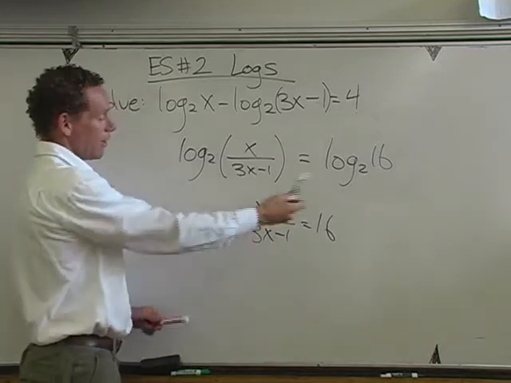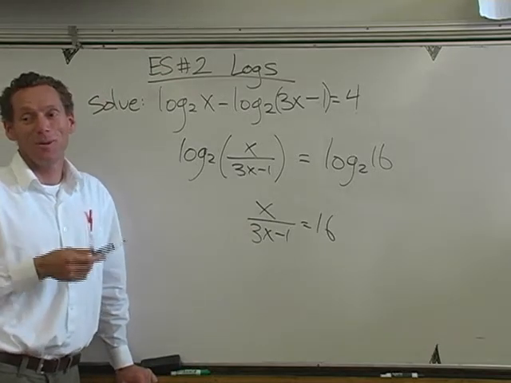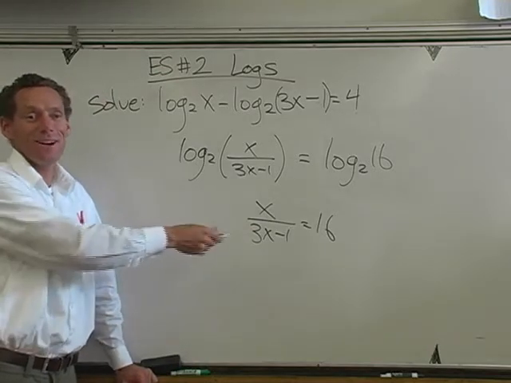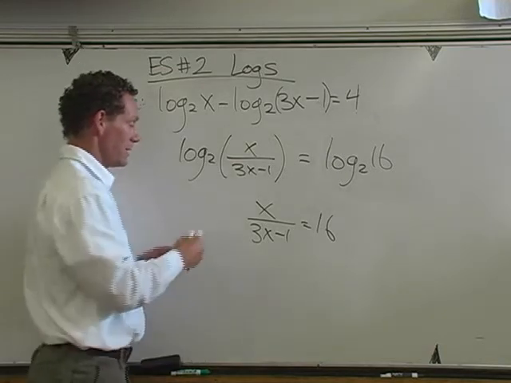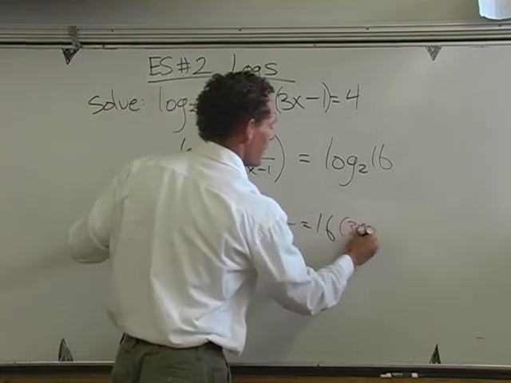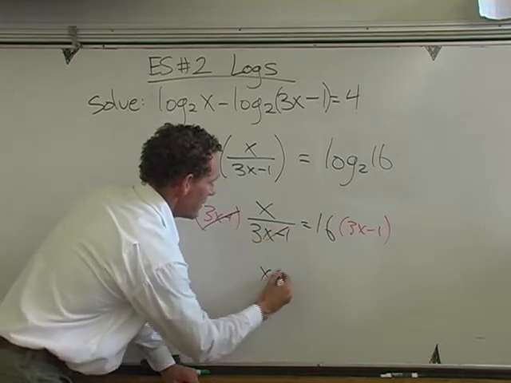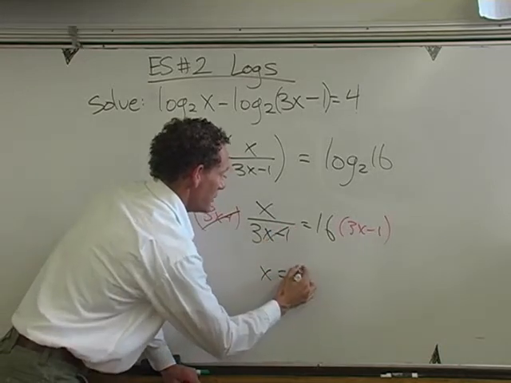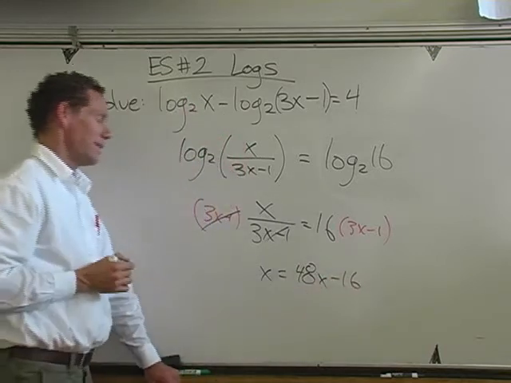All right. How can we solve? Times by 3x minus 1. Good. Multiply both sides of the equation by 3x minus 1, and cancel. x equals 16 times 3x, what's that, 48x, minus 16.